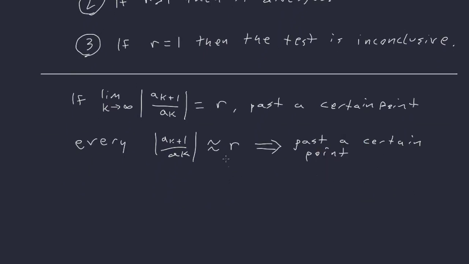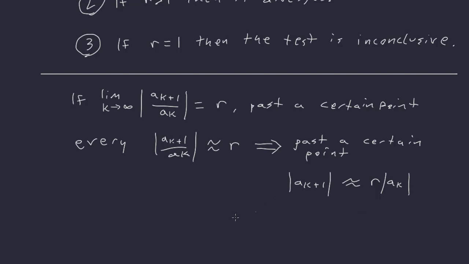We just know that past a certain point, if I move this a_k over, we have that the absolute value of a_(k+1) is approximately R times the absolute value of a_k.